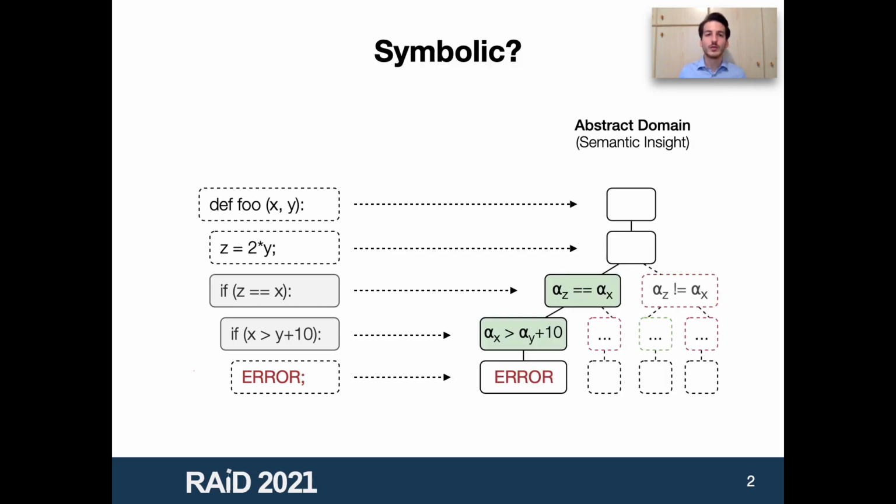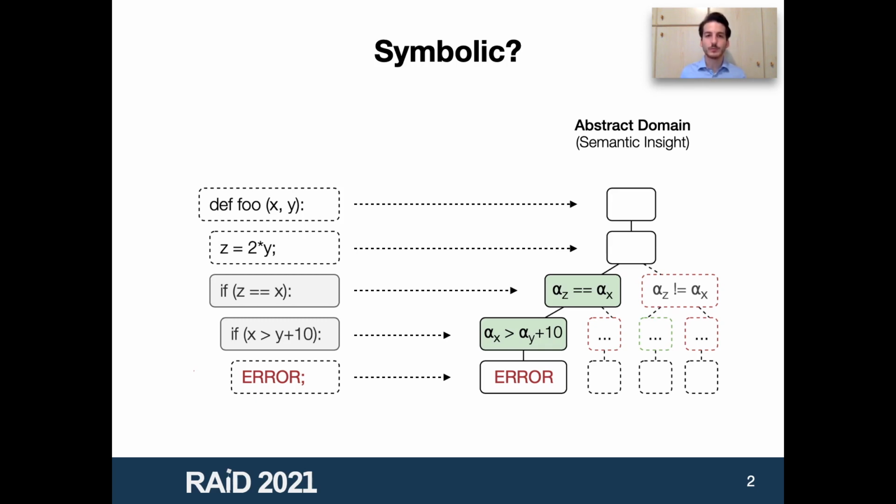Similarly, while concrete analysis will execute the program with a concrete input and cannot reason semantically about the program itself, symbolic analysis can execute the program in the abstract domain of symbolic variables. So, as you can see in the example, symbolic analysis will fork the execution after every conditional instruction and will generate a constraint that mirrors the branch condition.